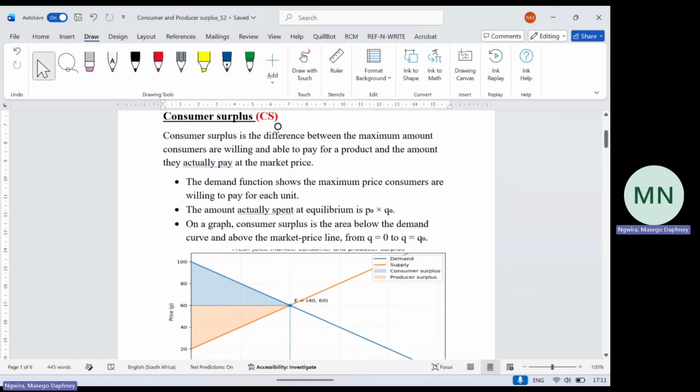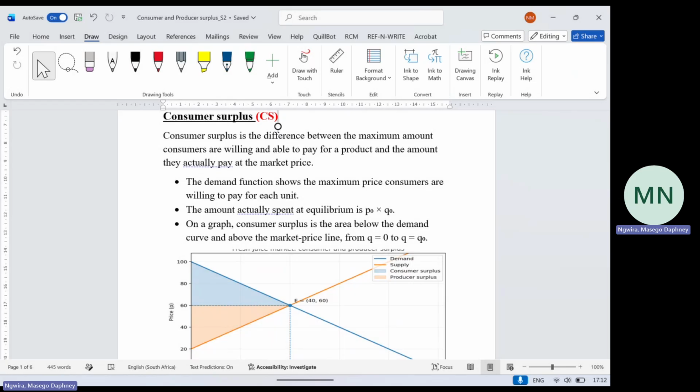Consumer surplus is the difference between the maximum amount consumers are willing and able to pay for a product and the amount they actually pay at the market price.